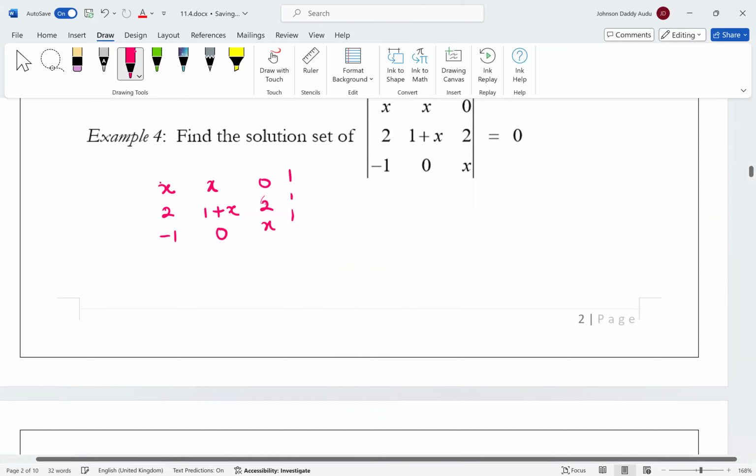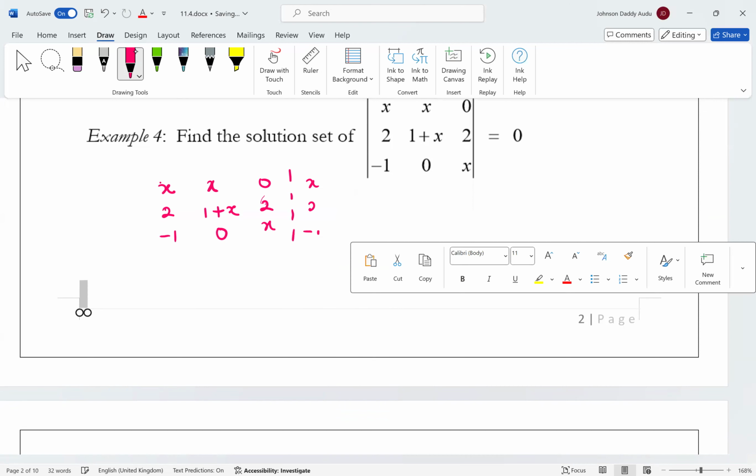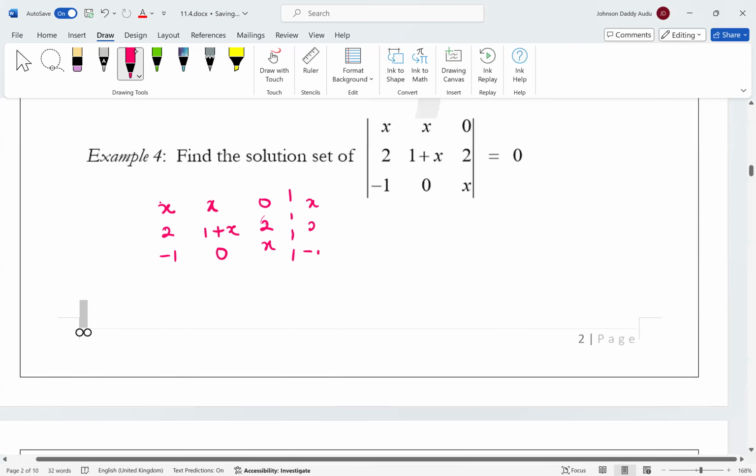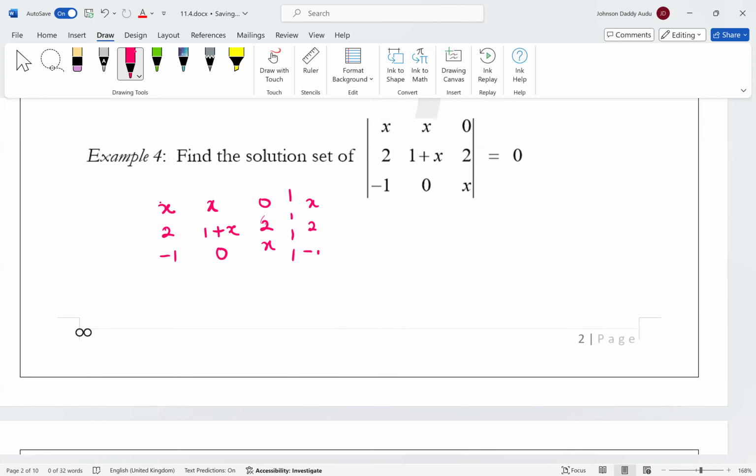Then now we have to repeat this one. So this will be x, 2, minus 1, then x, 1 plus x, 0, right?